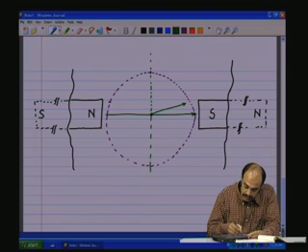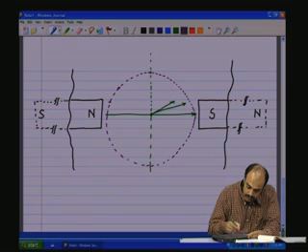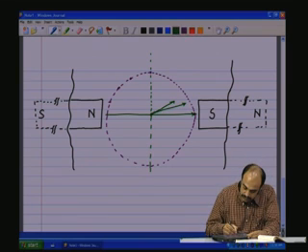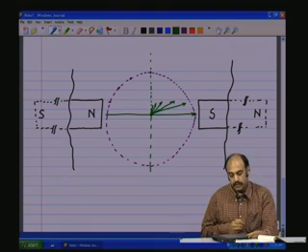And then if we take a point somewhere here, the field will be still further reduced, and still further if we take a point somewhere here, the field is still positive but further reduced, and so on till it becomes 0 at this point.